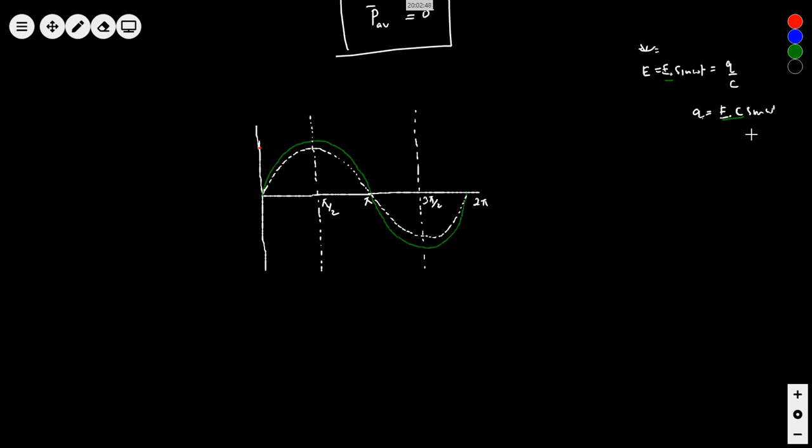How can you say the current is changing? Differentiate this. If I differentiate dq by dt, it will give me E naught C omega cos omega t. You can write this as dq by dt equals E naught C omega sine(omega t plus 90). Yeah, we have seen this. And E naught C omega is E naught by XC. So this is my current.